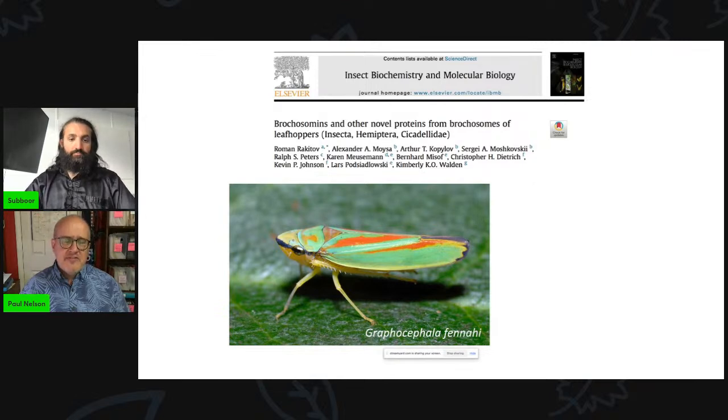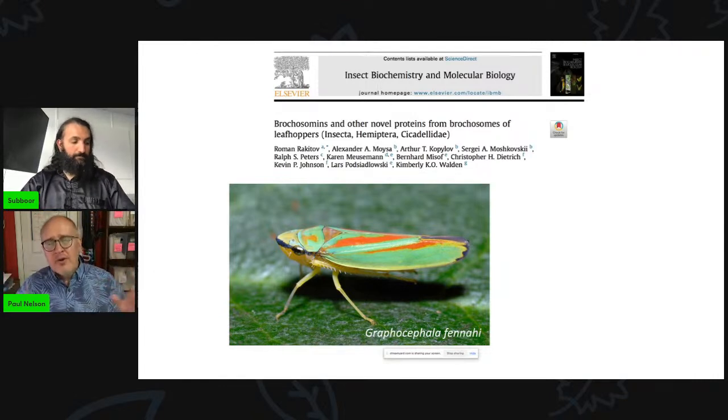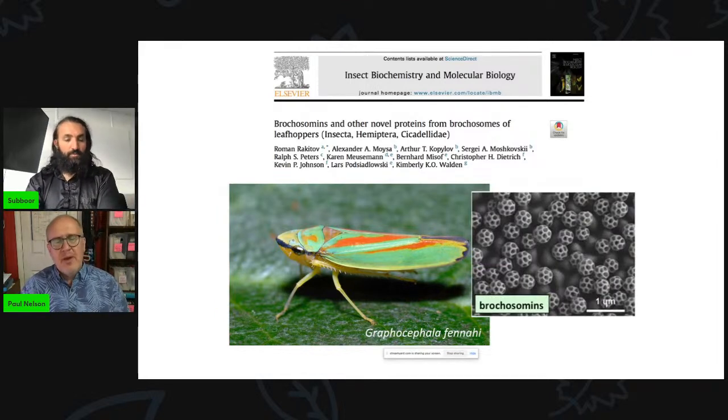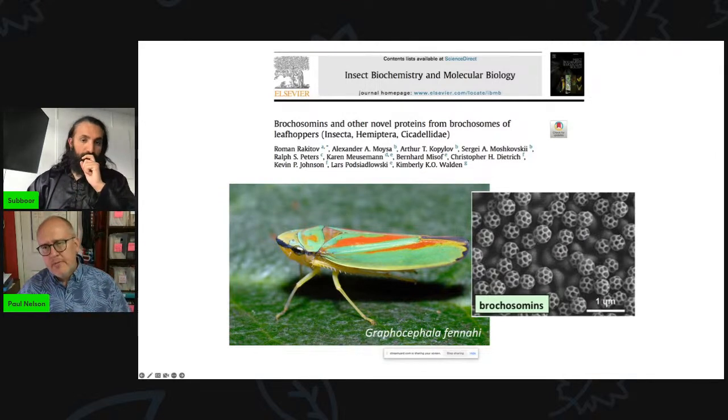This leafhopper spends its life doing its thing under dew and rain and being exposed to water in a whole variety of circumstances, and it produces in its Malpighian tubules a super hydrophobic coating that it applies to its exterior. And when you look at that superhydrophobic coating, it's made up of proteins called brochosomins that form these little sort of buckyball-shaped structures.